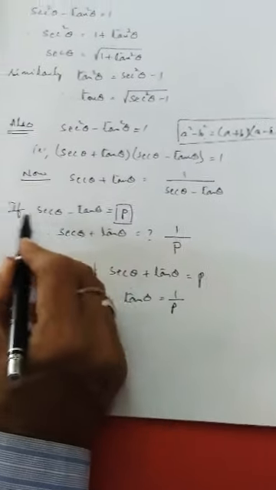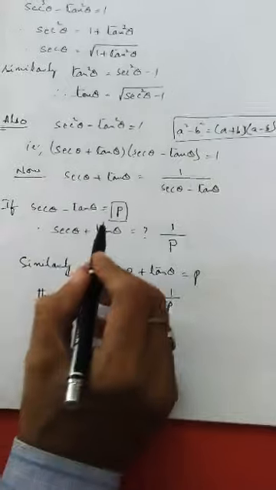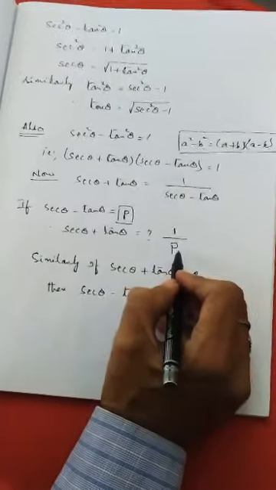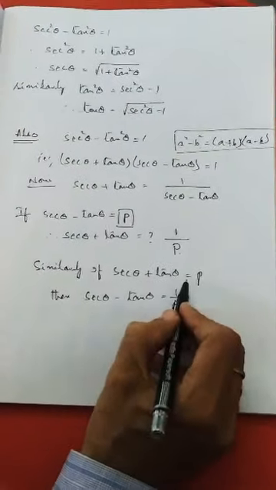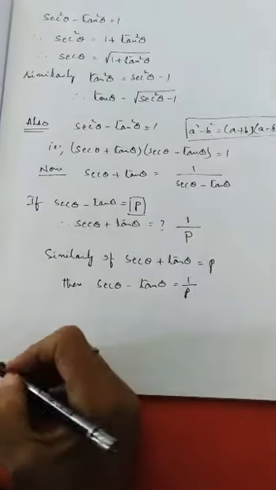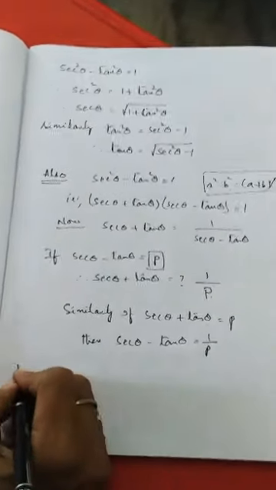In a question, if secant theta minus tan theta is equal to P, then automatically secant theta plus tan theta will become 1 by P. Similarly, if secant theta plus tan theta is equal to P, then secant theta minus tan theta is equal to 1 by P.